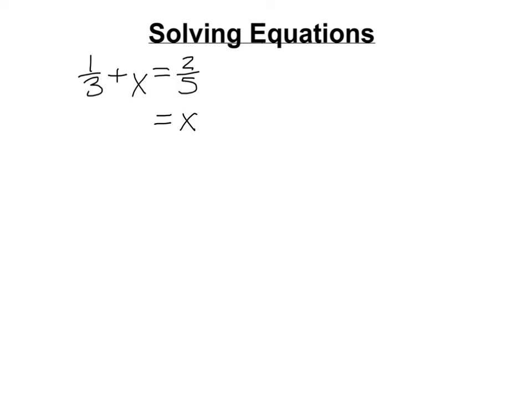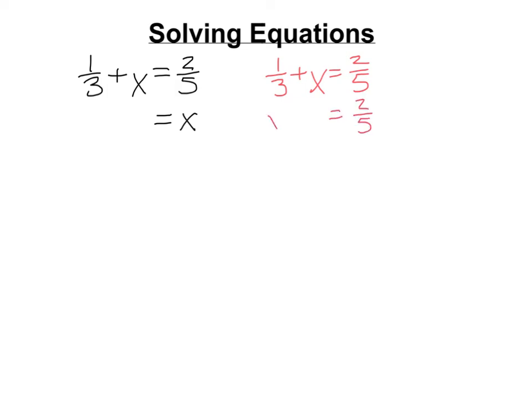So we're going to have to do some thinking, and I'm going to put that thinking in red. So 1/3 plus x equals 2/5. So think through the fact family. Well, in addition, we should know that the sum stays in the same spot. So 2/5 will stay where it is.